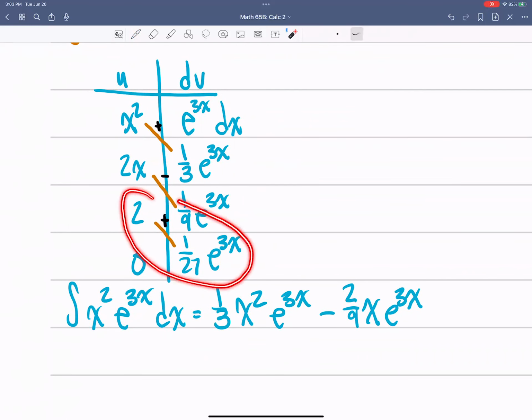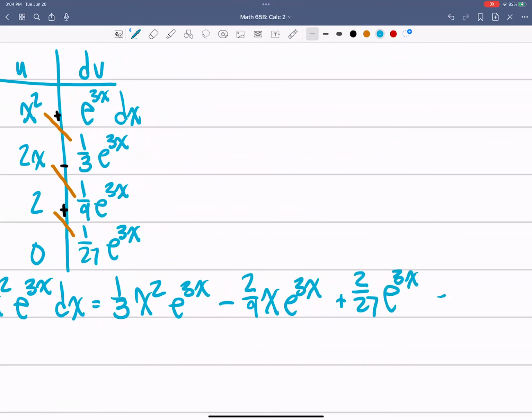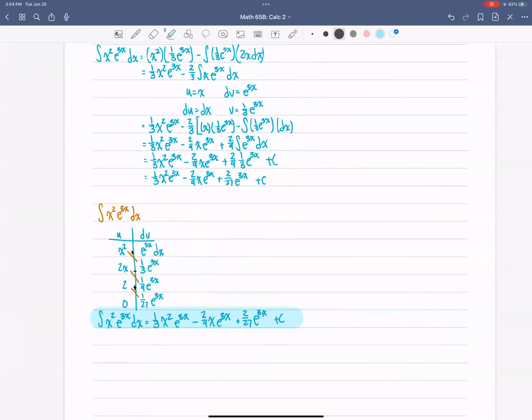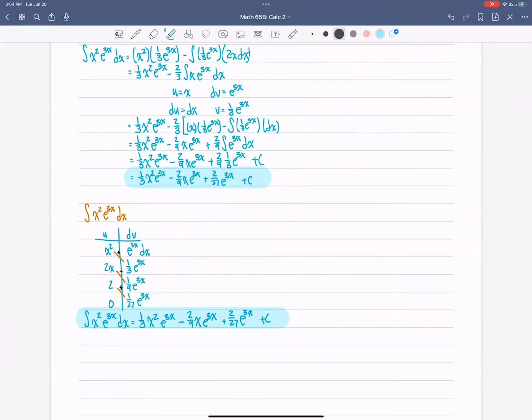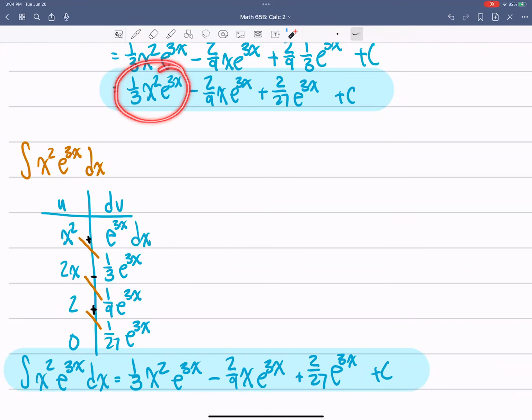And lastly, we have this one, plus 2 over 27 e to the 3x, and plus c. And there we go. Let's see if they match. There's the one right here: 1/3 x squared e to the 3x minus 2 over 9 x e to the 3x plus 2 over 27 e to the 3x plus c.